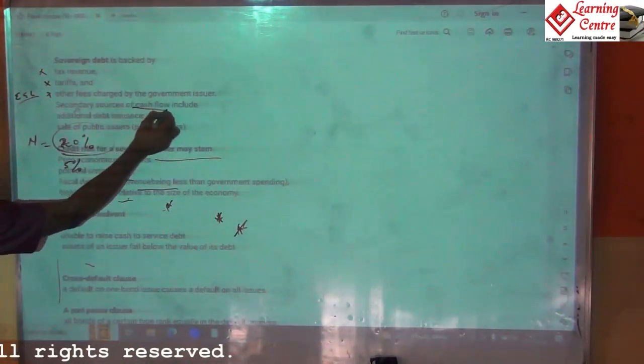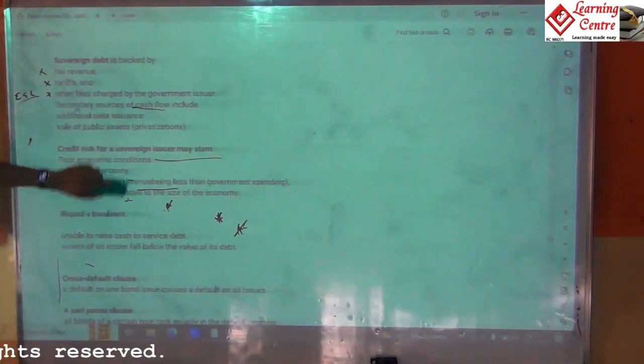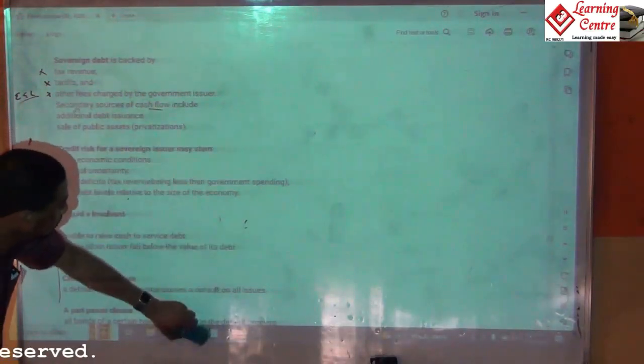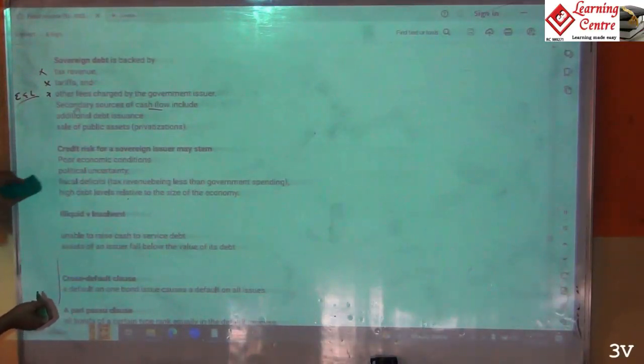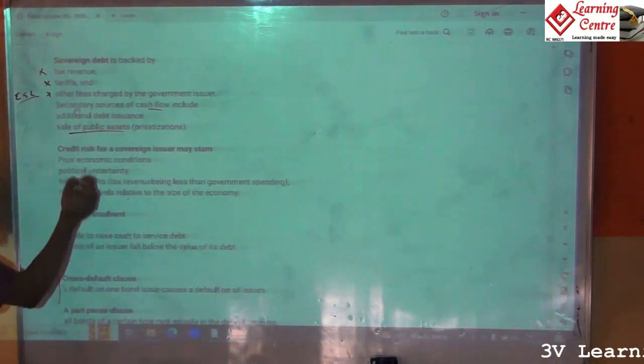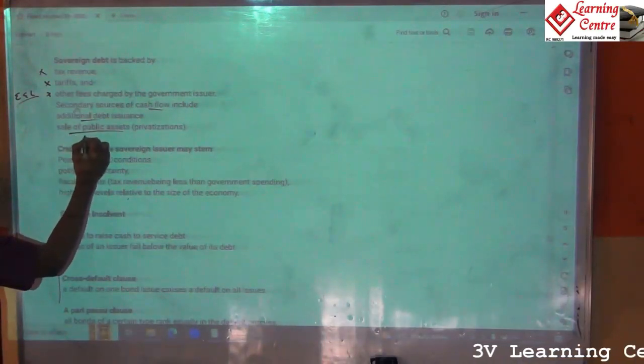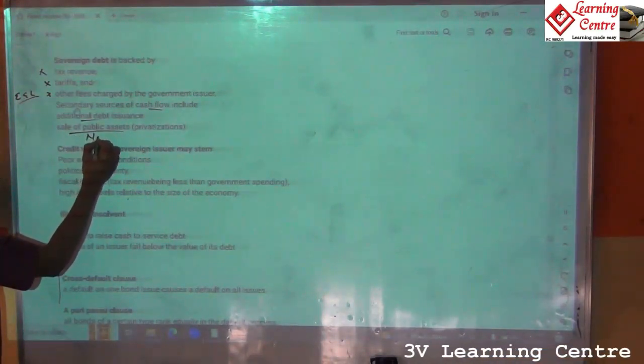Secondary cash flow comes from borrowing more money, or selling more assets, like Nigeria's natural resources.